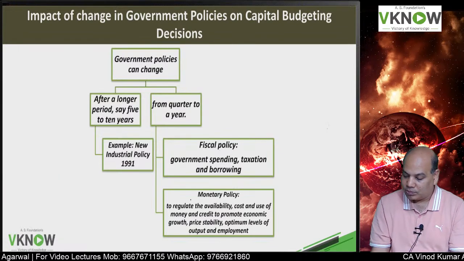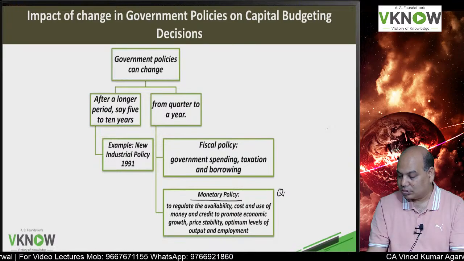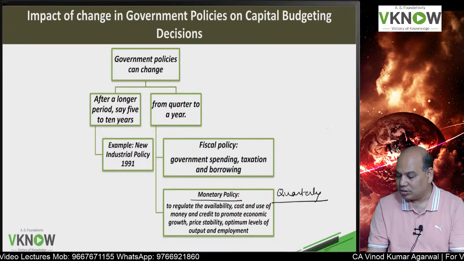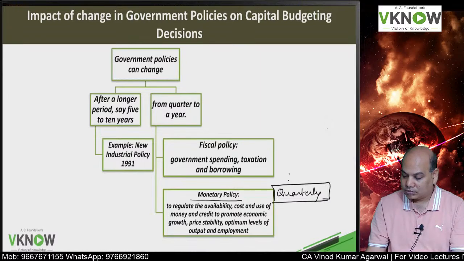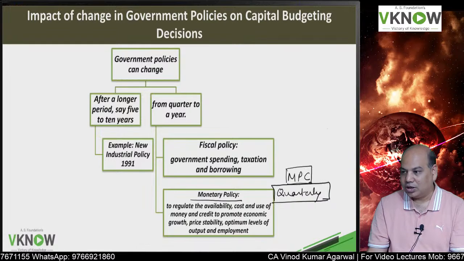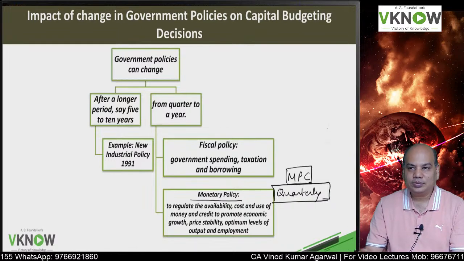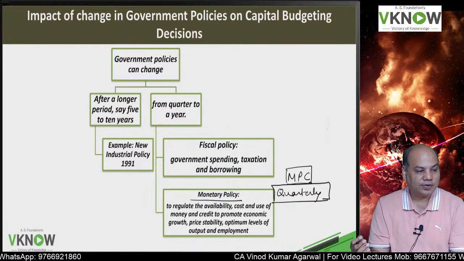Another is monetary policy. Have you heard of RBI coming out with a quarterly review of the monetary policy? Every quarter, the monetary policy committee meets and makes some changes in the policy if required.